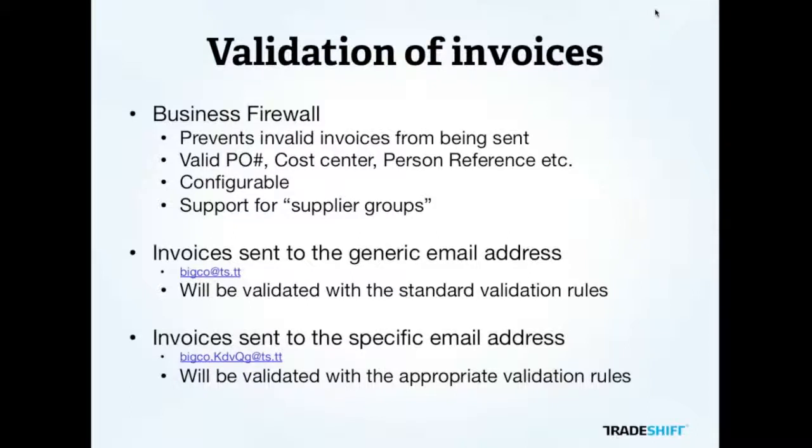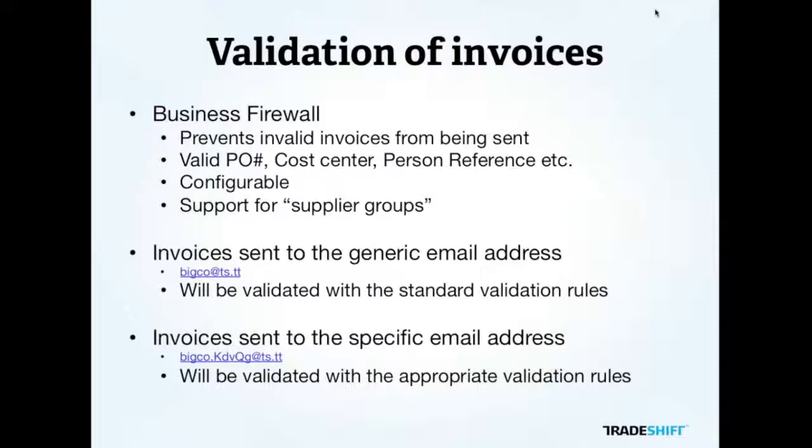And speaking more about validation, which is one of the key advantages of the Tradeshift platform, we have, as Christian mentioned, the business firewall. So the purpose of the business firewall is to prevent invalid invoices from being sent to you as a buyer. So you are in control of what validation rules you want implemented on the platform.